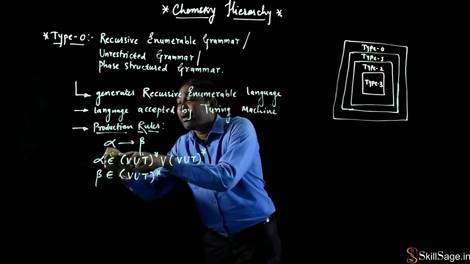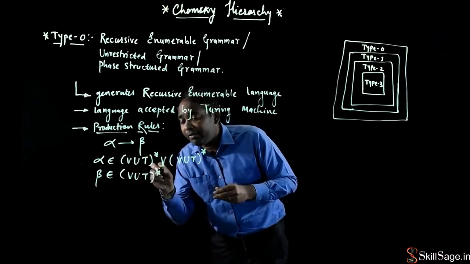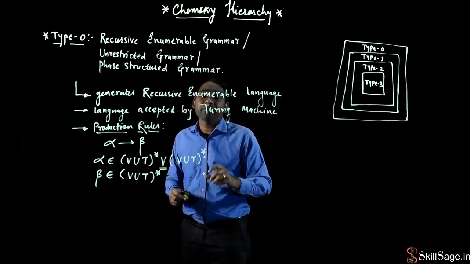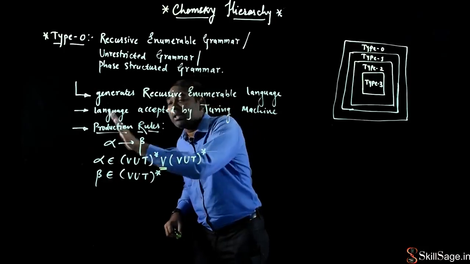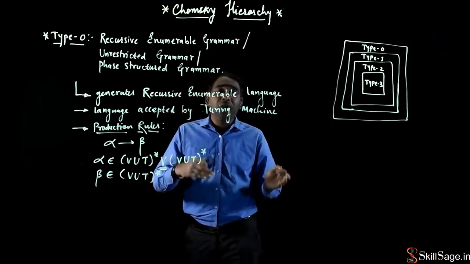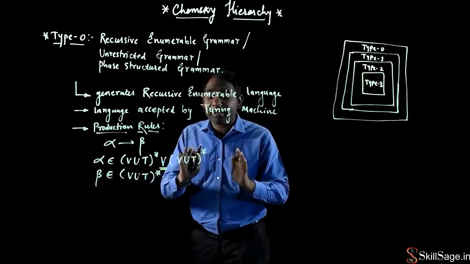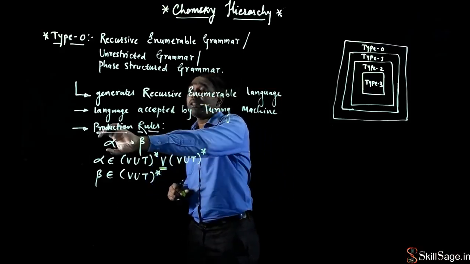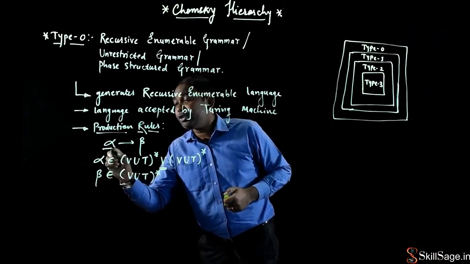It is said that alpha should consist of at least one variable on the left hand side of the production rule, surrounded by any number of variables and terminal symbols. This denotes my alpha.